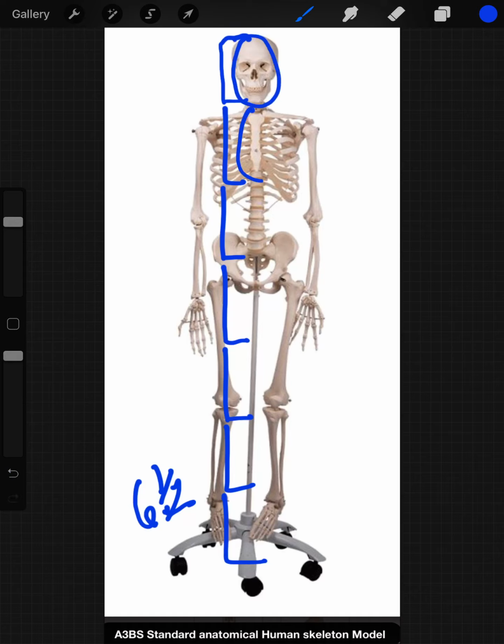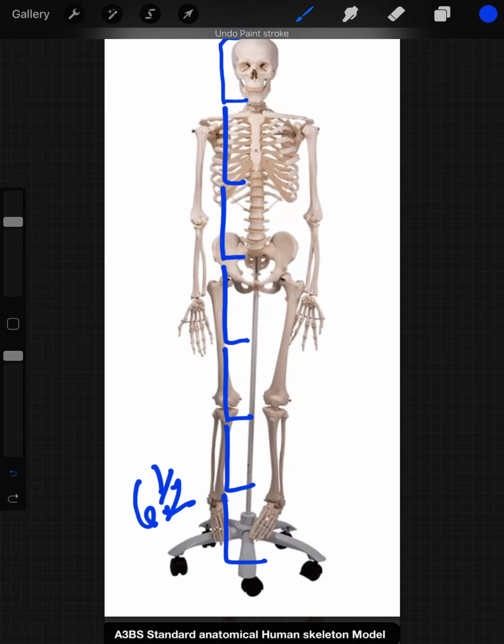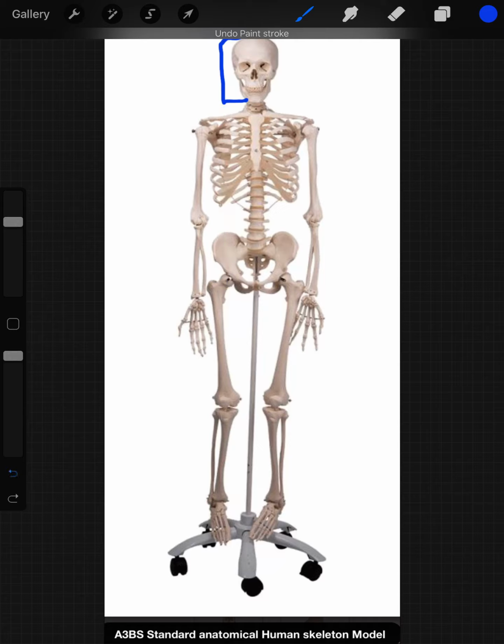You literally could draw circles of these skulls to kind of help with the mind to see where the skulls would be located and how many skulls in length. Let's erase this now. Okay, other ways to measure.